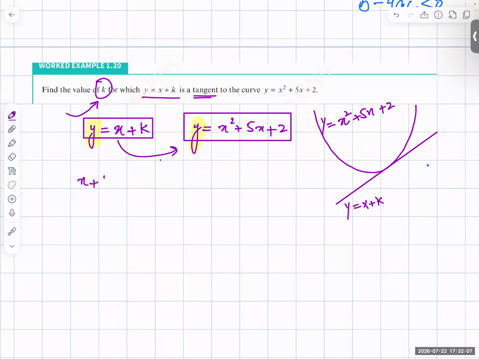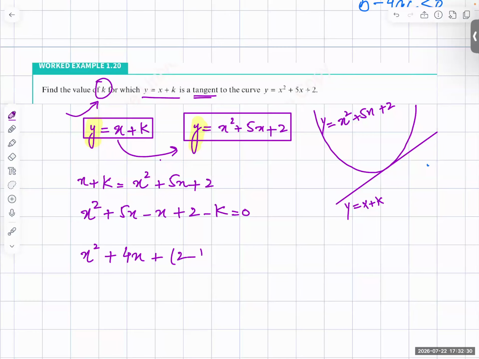That would make it x plus k is equal to x square plus 5x plus 2. And this step is clear. We are simply substituting it, nothing else, okay? Now we rearrange it. X square plus 4x plus 2 minus k.